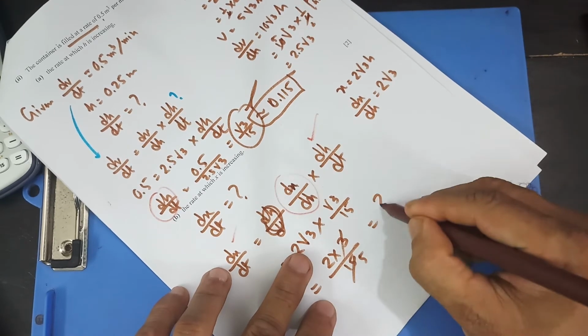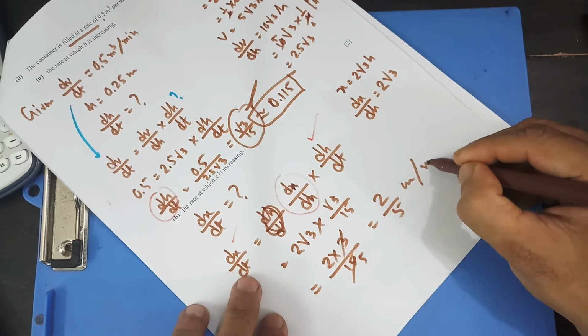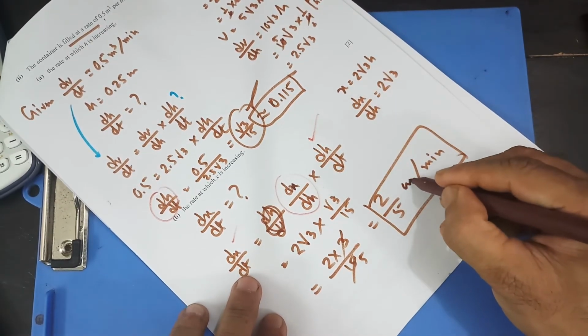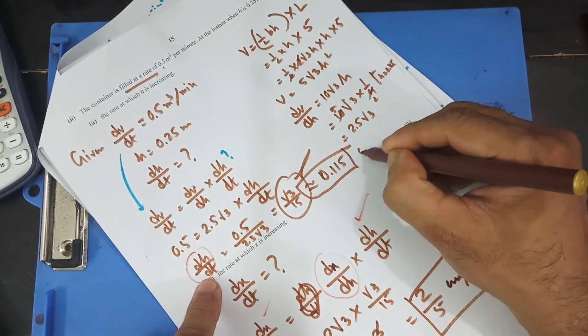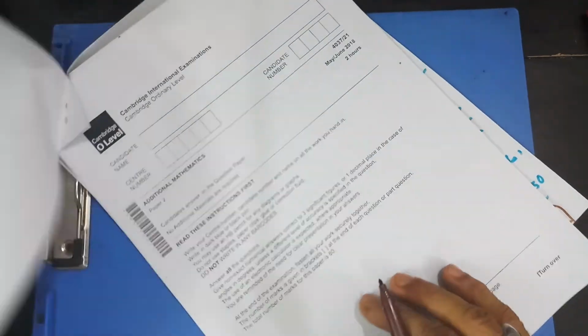Cancel out, 5. So 2 by 5. X is in meters and time was in minutes, so the unit is 2 by 5 meters per minute. This one, dH/dt, is also meters per minute. That's done.